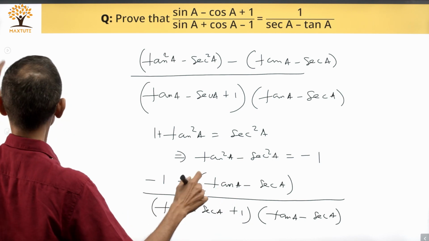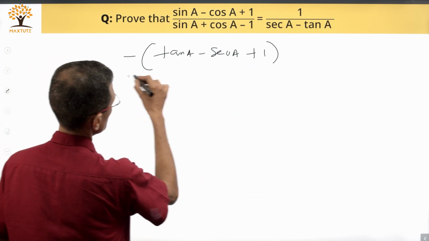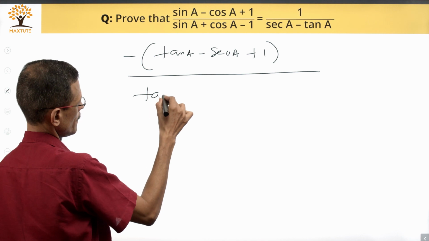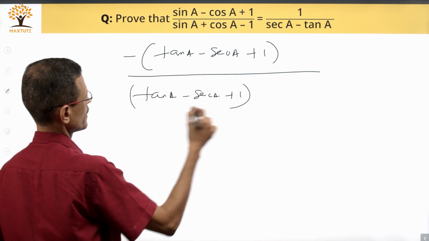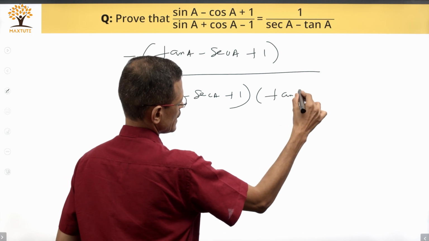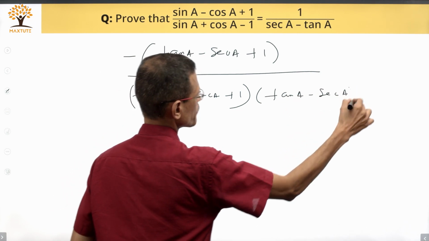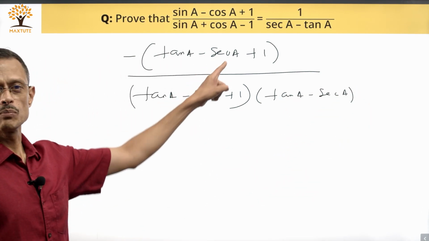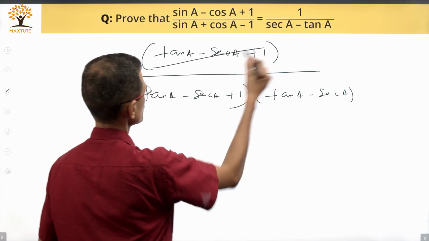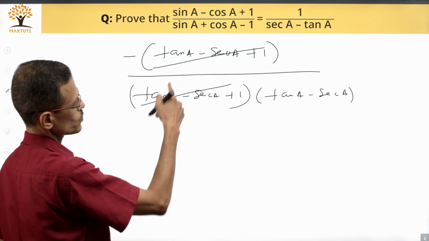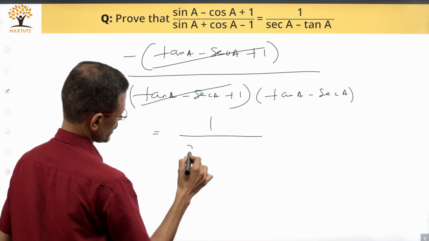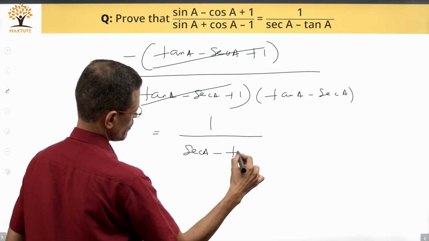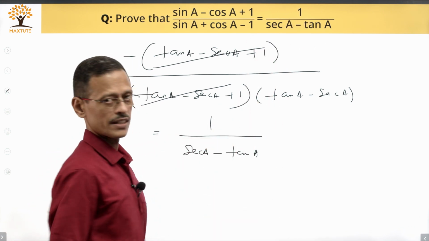We have in the denominator tan A minus secant A plus 1 into tan A minus secant A. These two terms are common to both the numerator and denominator. We are going to cancel both these terms. So, what we have is minus 1 divided by tan A minus secant A, which is the same as saying 1 divided by secant A minus tan A, which is the right hand side.